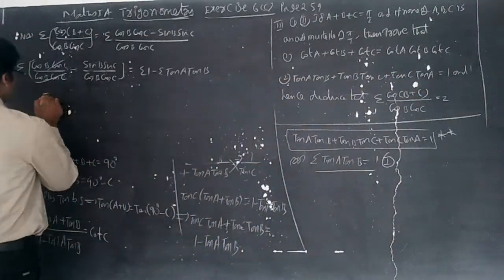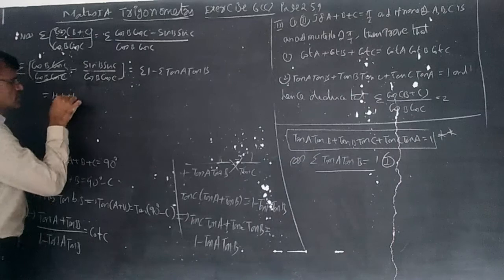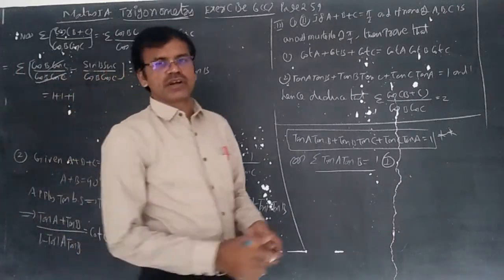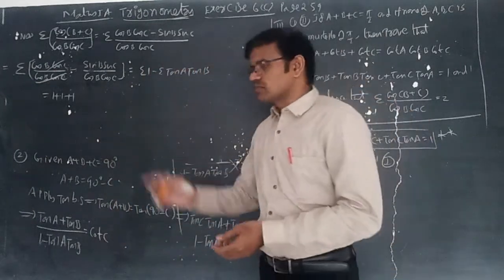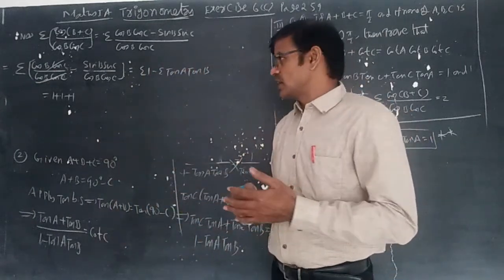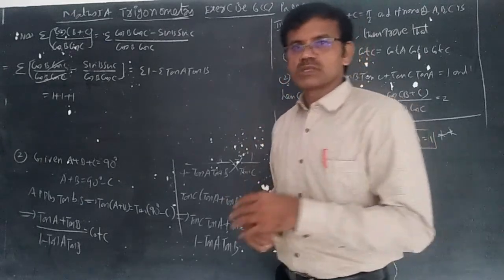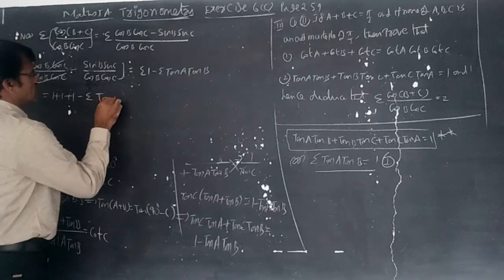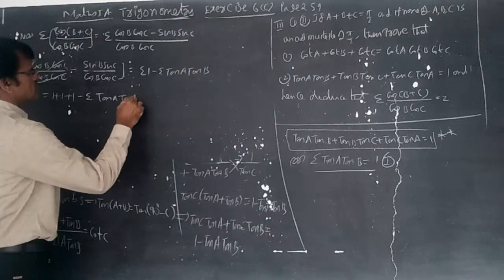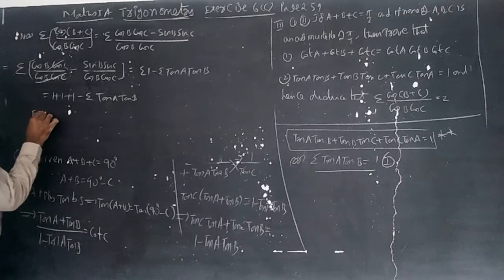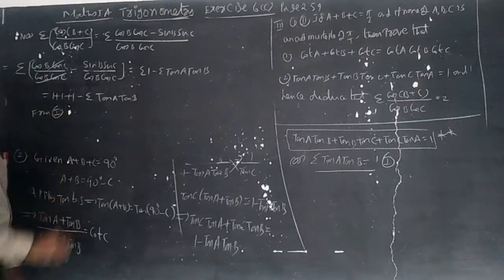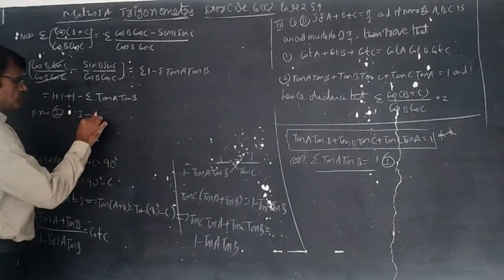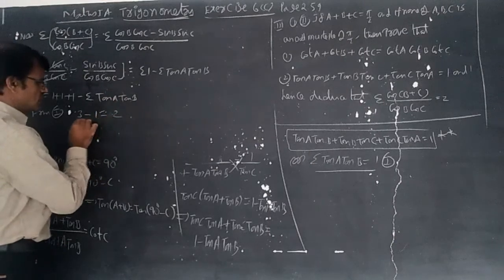Sigma 1 means you can write 1 plus 1 plus 1, because it is trigonometry: 3 angles, 3 sides, 3 vertices. So whenever sigma 1 is there, you need to write it 3 times. So 1 plus 1 plus 1 minus sigma tan a tan b. From Roman number 1, instead of sigma tan a tan b we can write 1. So it is 3 minus 1. The answer is 2.